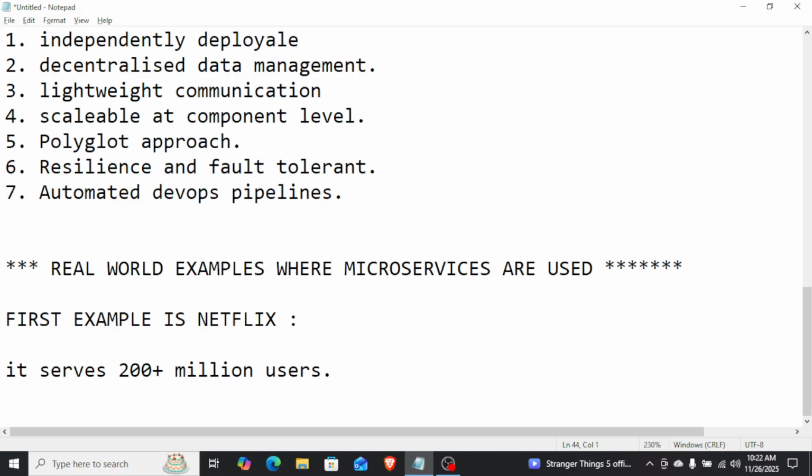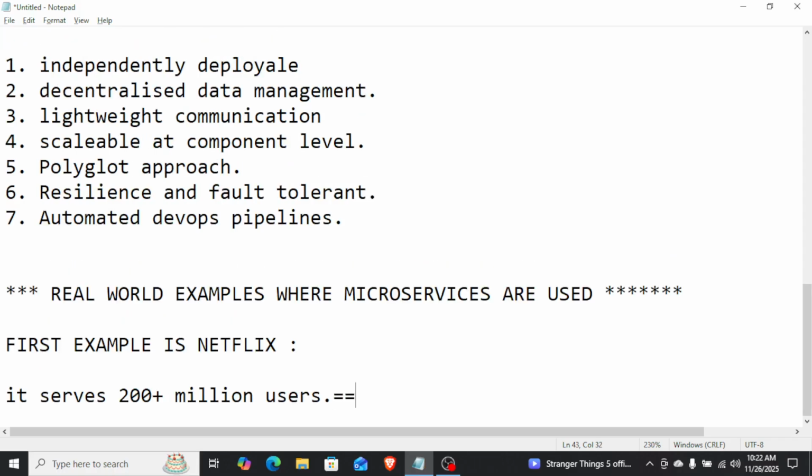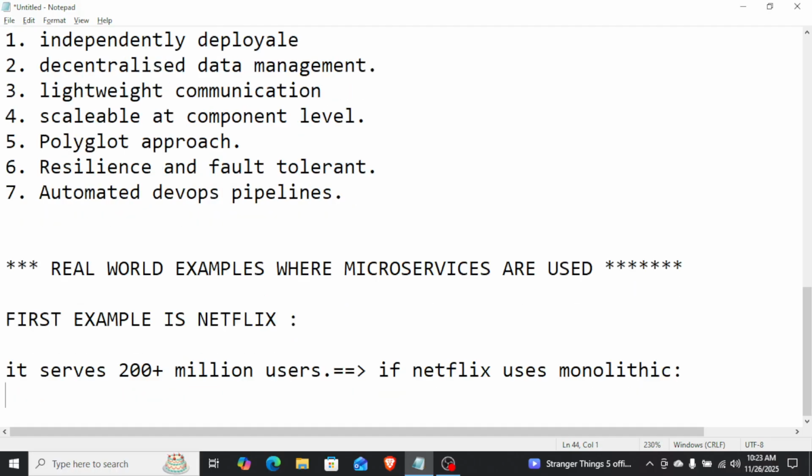Now we will see if Netflix uses monolithic architecture, and then we will see if Netflix uses microservices.